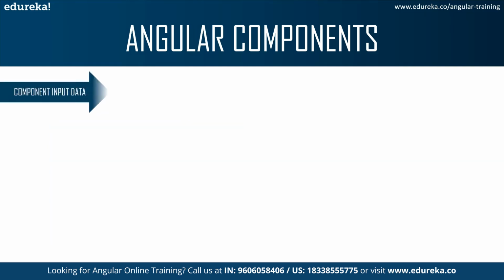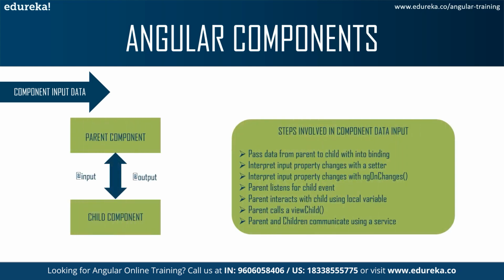Next, we have something called component input data. As I already spoke about events, there should be a data transfer between each of the components. Here we're going to speak of data transfer between a parent component and a child component. As we already saw in our application, the root component is the app component. That is considered your parent component.